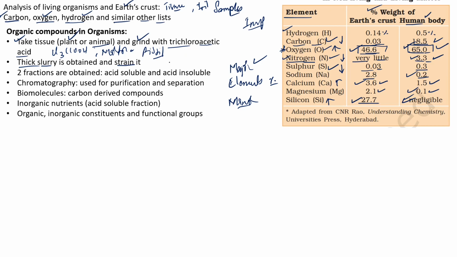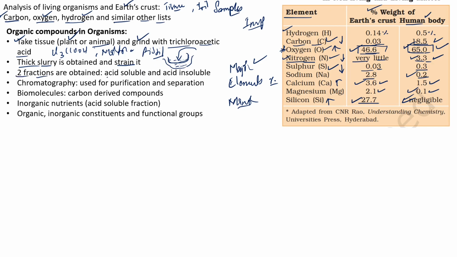We take a cloth, place it in a bowl or container, and put the slurry in this muslin cloth, and you will end up with a liquid substance and also a solid substance. Now this filtrate is what we are concentrating on. We are getting mainly two types of fractions.